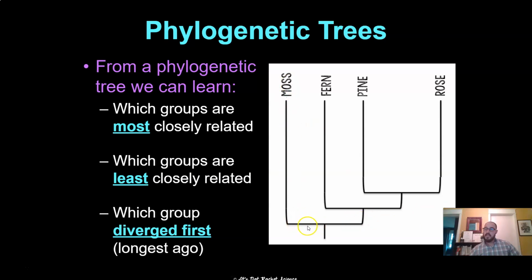So you could say that a fern here is going to be less similar to a rose than a pine is, because our pine and our rose are both more closely related to each other because they're on the same branch here. Okay, they diverge from one another, sharing a common ancestor here.